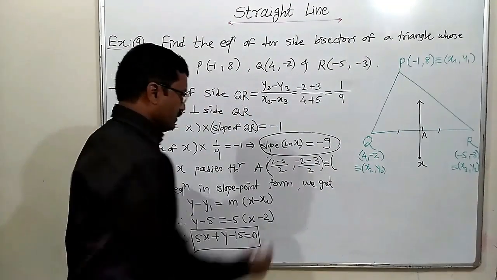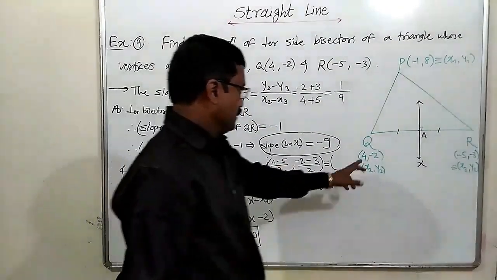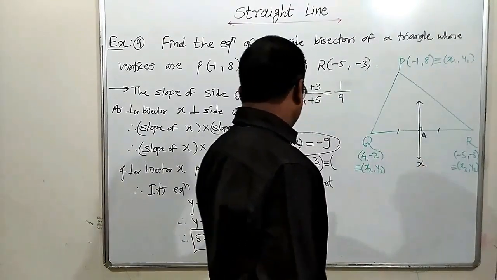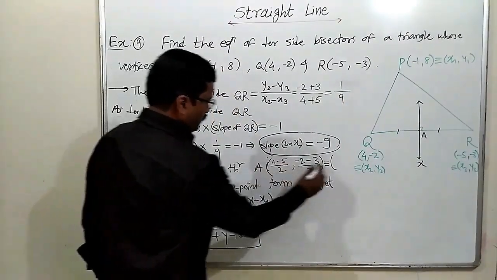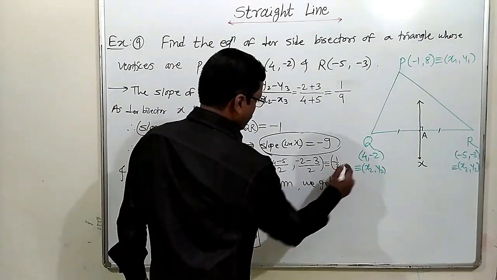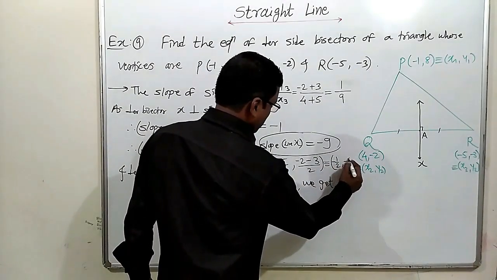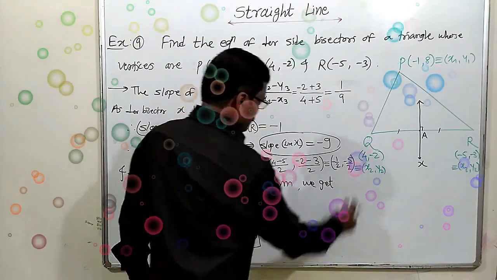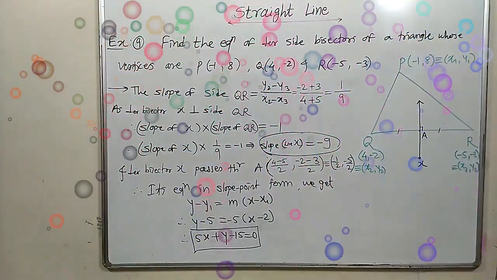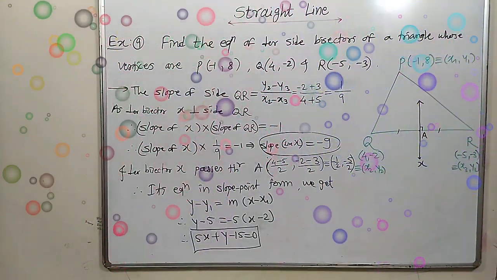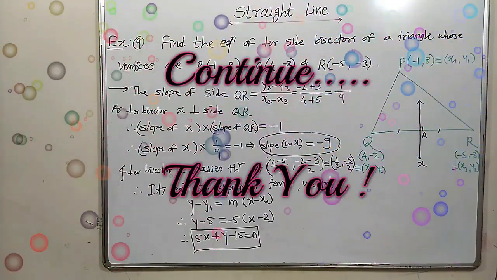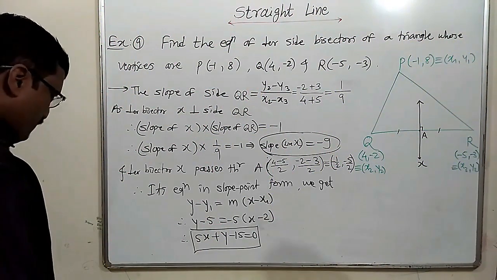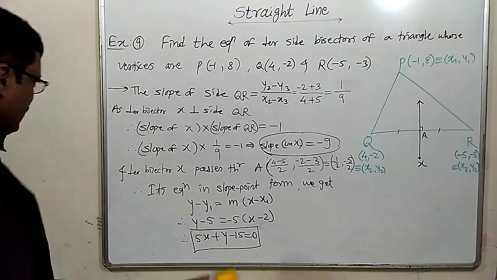That is -1/2 and this one is -5/2. So this is the midpoint A.